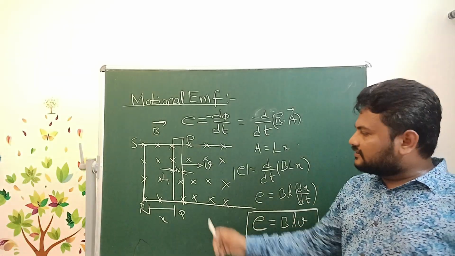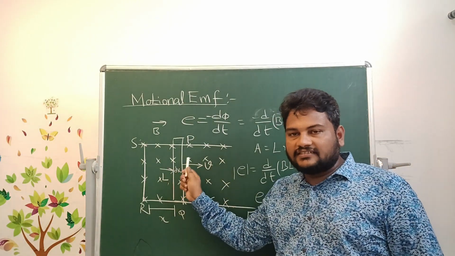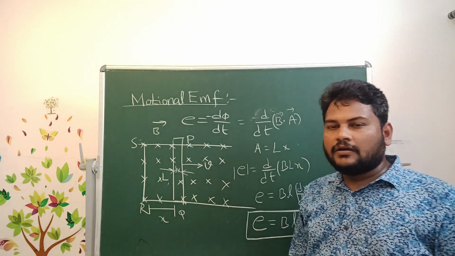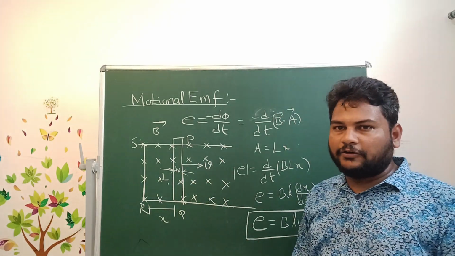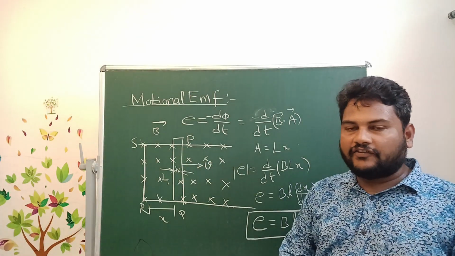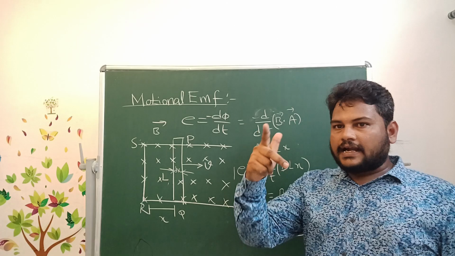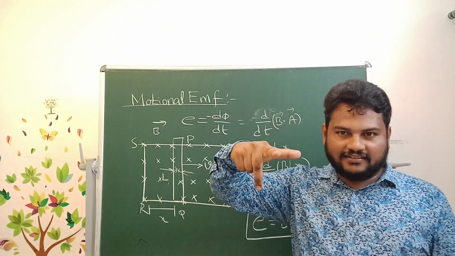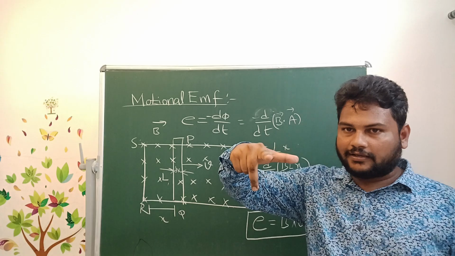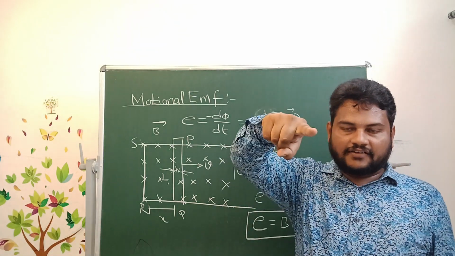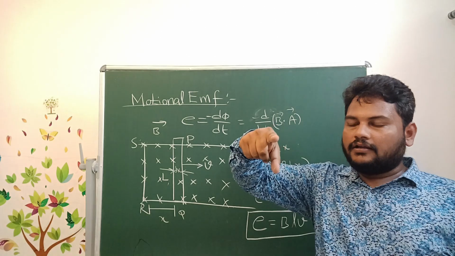which means that this conductor itself is acting as a cell which has some EMF. Every cell should have a positive terminal and a negative terminal. Now the polarity of the cell can be found by using Fleming's right hand rule. According to Fleming's right hand rule, stretch the first three fingers of your right hand in such a way that they are mutually perpendicular to each other, and the forefinger should represent the direction of the magnetic field.